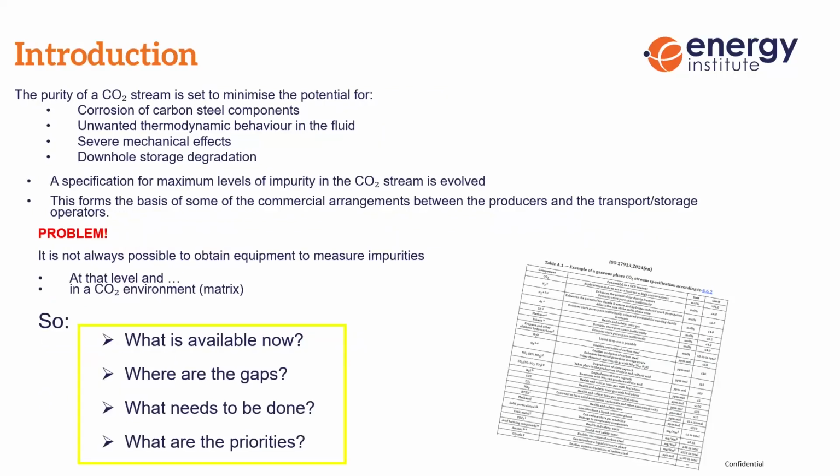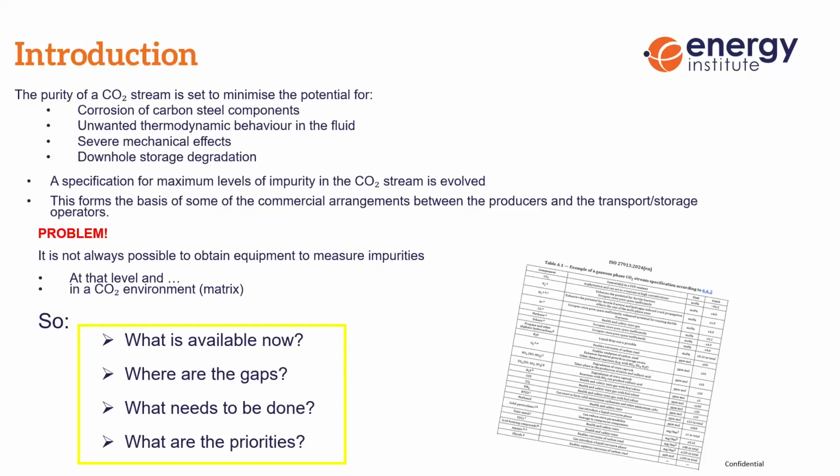So the idea of this paper is to say, what is available now? What can we effectively go to the shops and buy? Where are the gaps? What needs to be done?